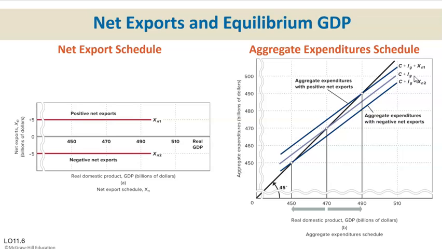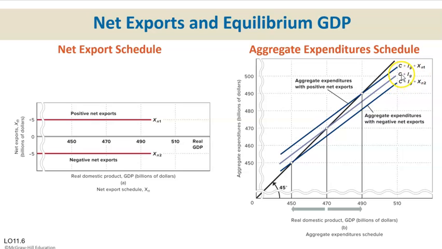So what they're doing here is showing the change when we add in the net exports. There are two things that could happen. If we have positive net exports, because we're exporting more than we're importing, then the aggregate expenditure line would increase when we add it. So here's the new aggregate expenditures.